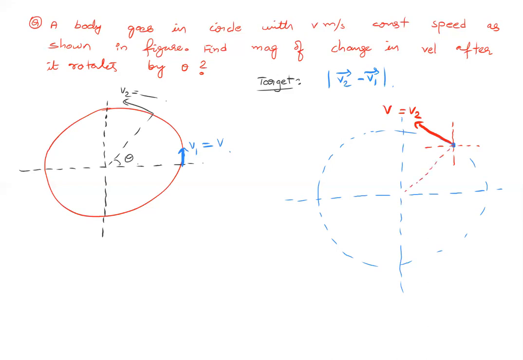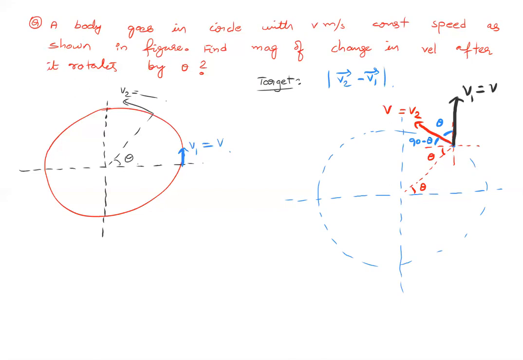Now if this angle is theta, this is theta, this angle is 90 minus theta, this angle is theta. If you are doing parallel transport of v1, it will come like this.